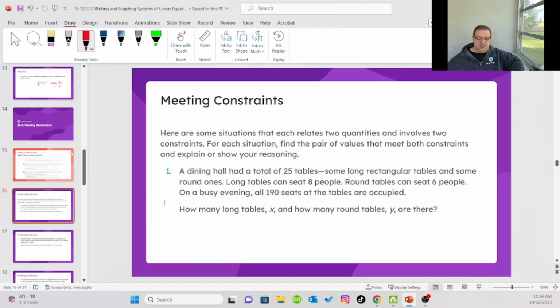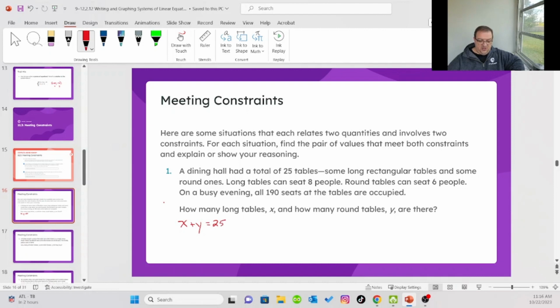So this is a system of equations. First, we know the number of tables is 25. Long tables are X, and round tables are Y. So if we add the number of each type of table, we're going to get a total of 25 tables.